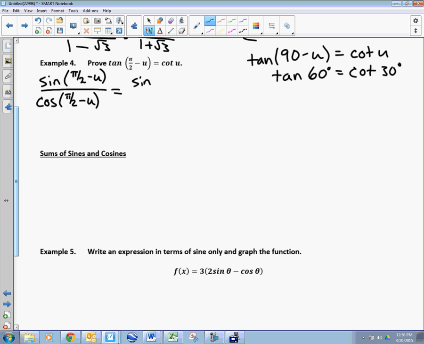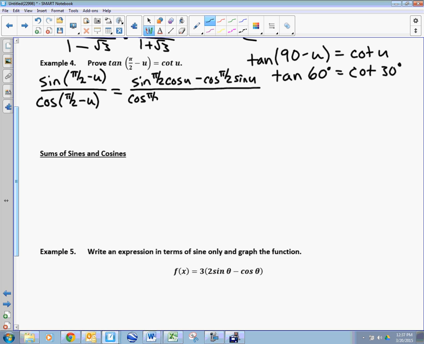Sine of pi over 2 times what? Cosine of u. Plus or minus the cosine of pi over 2 times the sine of u. Divided by, expand the bottom.